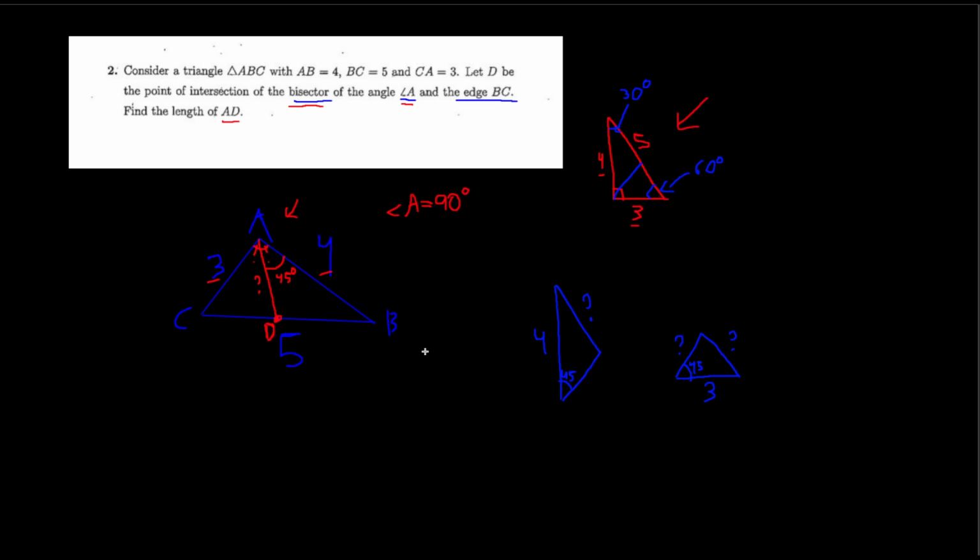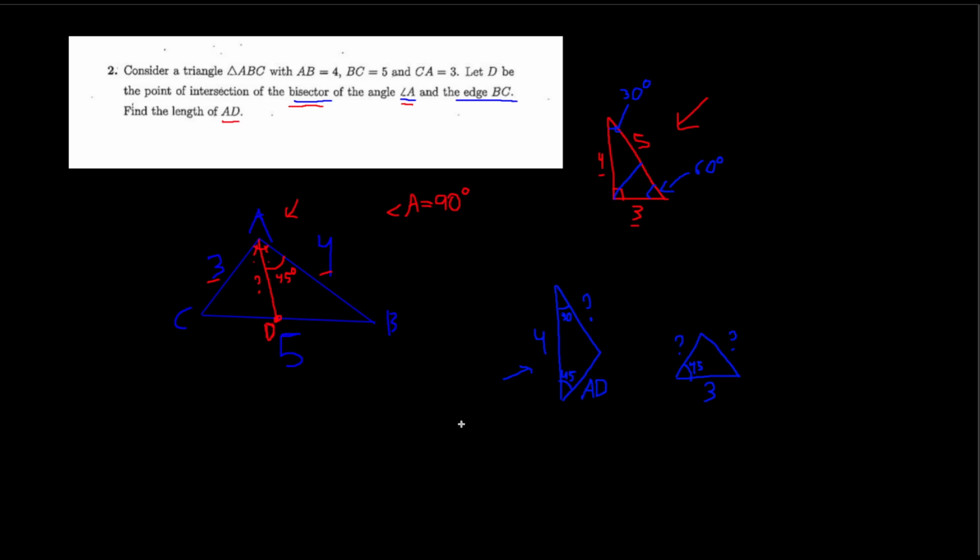If you want, I can make another video showing how we know about this triangle, but now we can basically solve this because we have other pieces of information. We know that this is 30 degrees, and we want to find this side. Let's call it AD. We're going to ignore the other one because I'm just going to use this left one. So we need to use the law of sines.